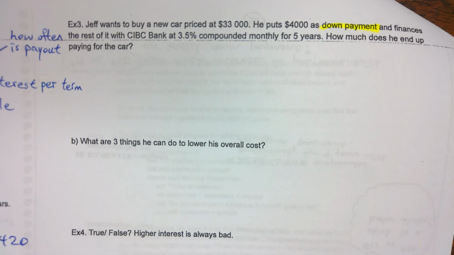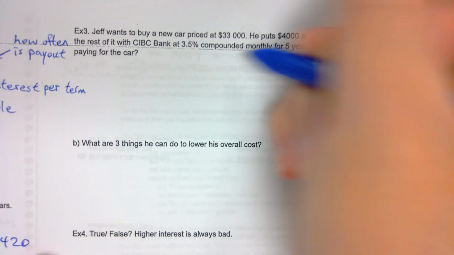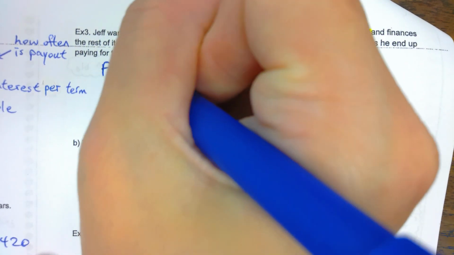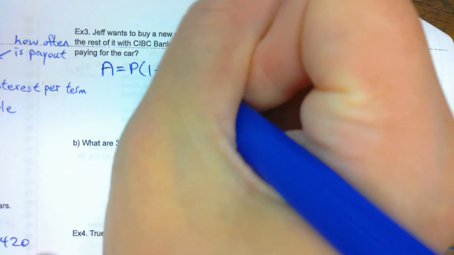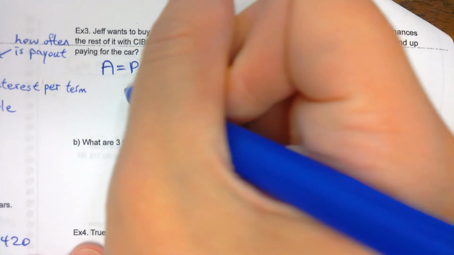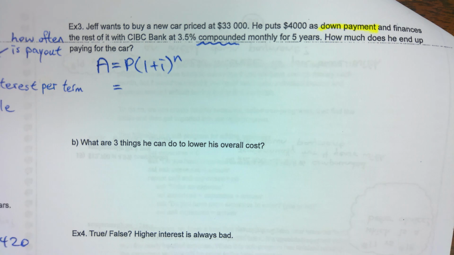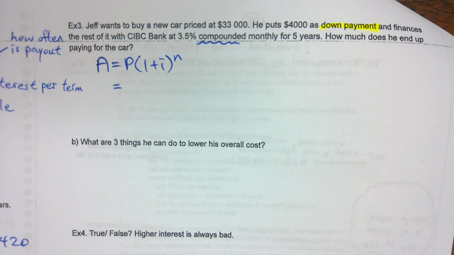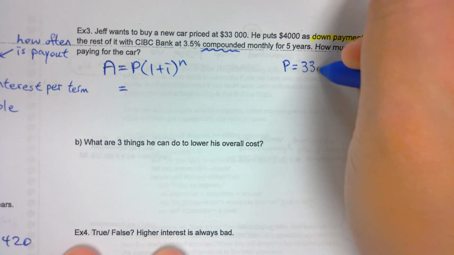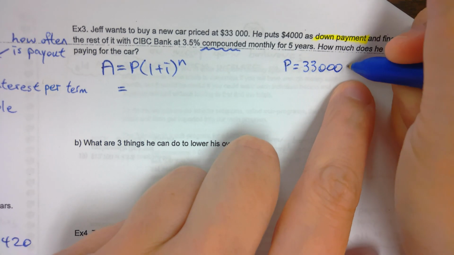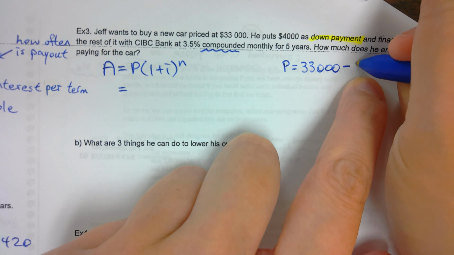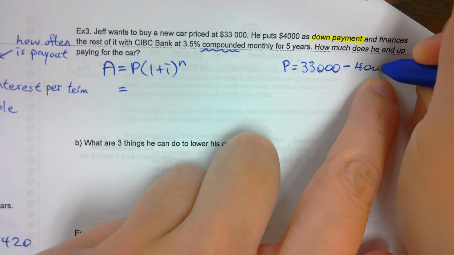Because I see the word compounded, I'm going to use the compound formula: A equals P times (1 plus i) to the n. What's my principal? Noel? I'll put 29,000. Where did that 29,000 come from? I remove the 4,000 payment.